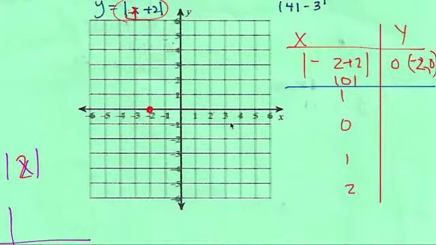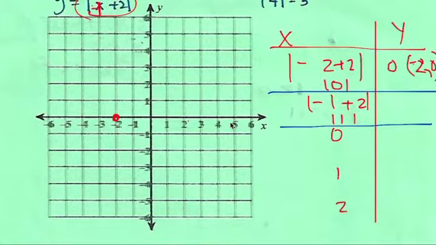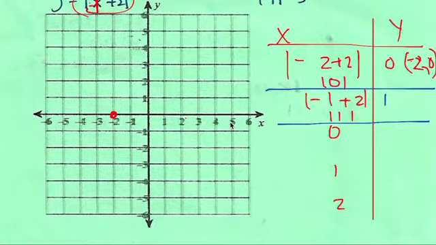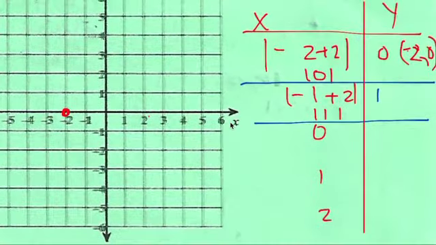So -1 plus 2, absolute value is 1. And your answer then is 1. See input, the answer is 1. So you input -1, you got out a 1 as an answer.